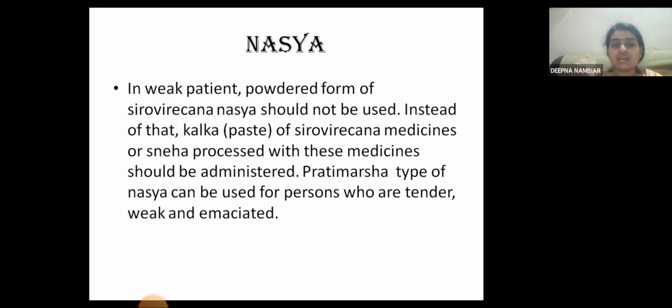Or if the patient is of less strength, then we have to reduce the dosage, and Nasya like Pratimarsha has to be selected because this is suitable for the patient. Otherwise, the adverse effect will be there from the procedure. So how bearable the procedure is to the patient and what is the intensity of the procedure, Laghu, Madhya or Tikshna, should be analyzed by the physician before selection of the procedure in a particular patient.